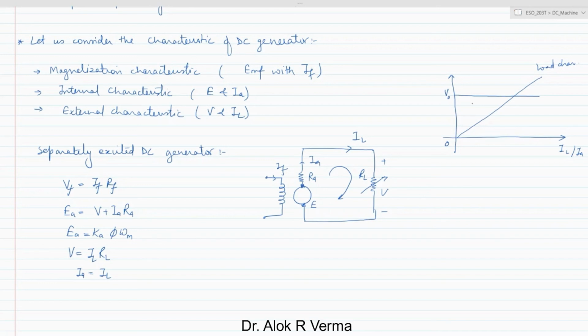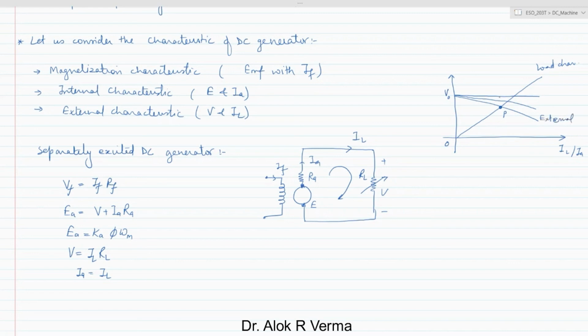So when you consider the internal characteristic, there will be a drop across the resistance. So you will see one drop like this and one this way. And this is your operating point. This is your external characteristic.